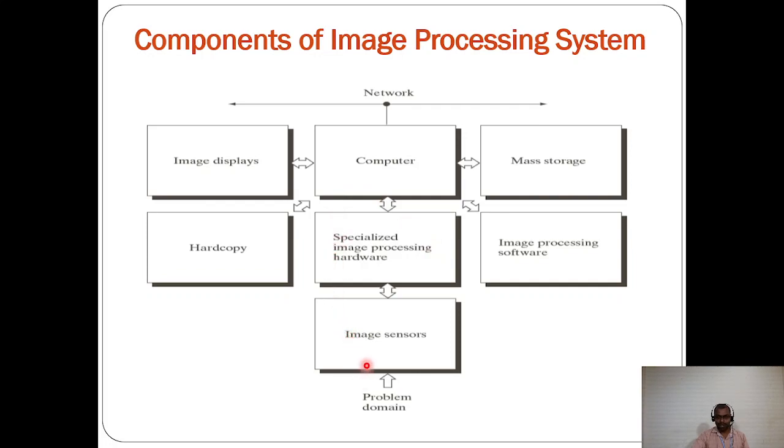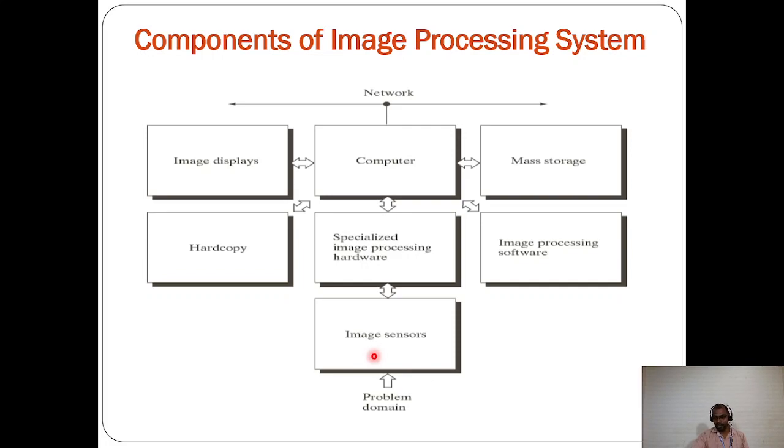The first one is the image sensor. Sensors are used to capture the image. The sensor consists of two devices: one is a physical device and the second is a digitizer. The physical device captures the image.